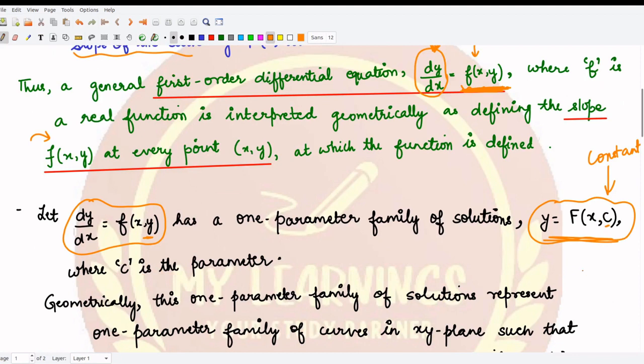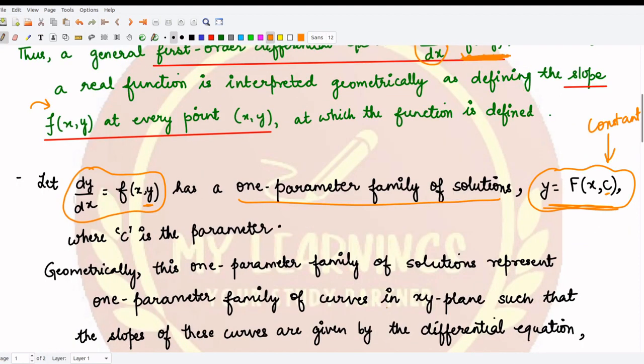So what does this solution represent geometrically? On changing the value of c you get another solution, which is also a solution, correct? So here you have many solutions, in fact a family of solutions. Each solution represents a curve, so a family of solutions represents a family of curves on the xy plane.